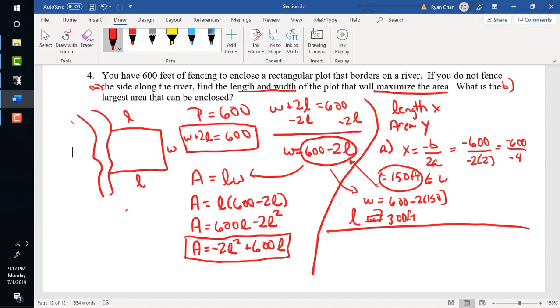Now, how do I find my area? There's actually two ways I can go about it. I can just do the following, where area is length times width, and it's 150 times 300.